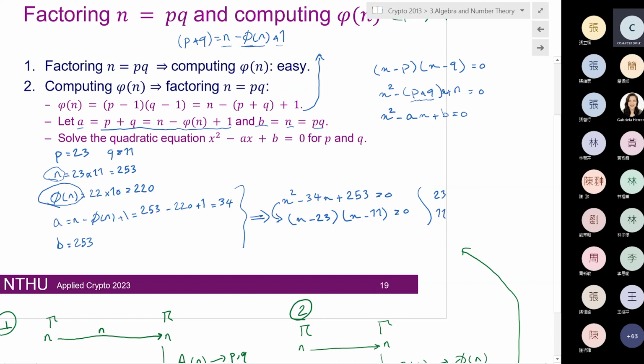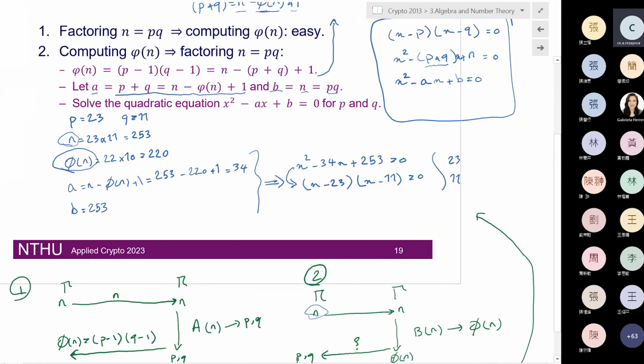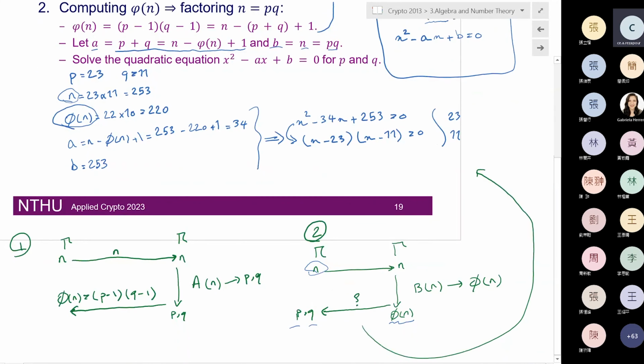But just knowing that this is the fact is enough for us to accept that this is correct. We can show with number 2 that if somebody gives you phi n and you know n, then you can compute p and q. That is all we need to know for this problem. The details matter up to understanding, but just accept the fact that this is correct. Otherwise, I have to go through a lot of details, and we don't have the time for it.